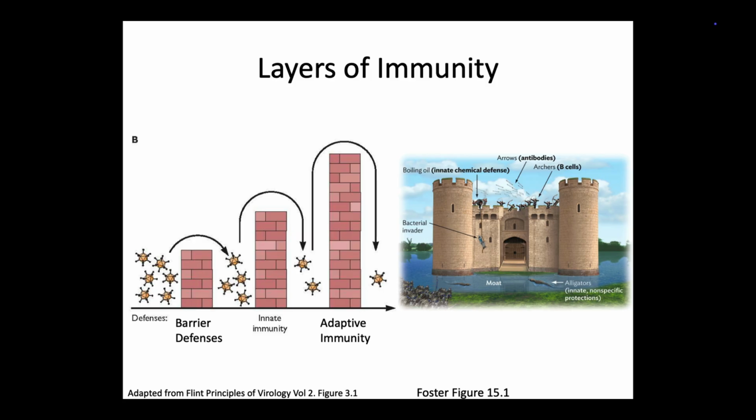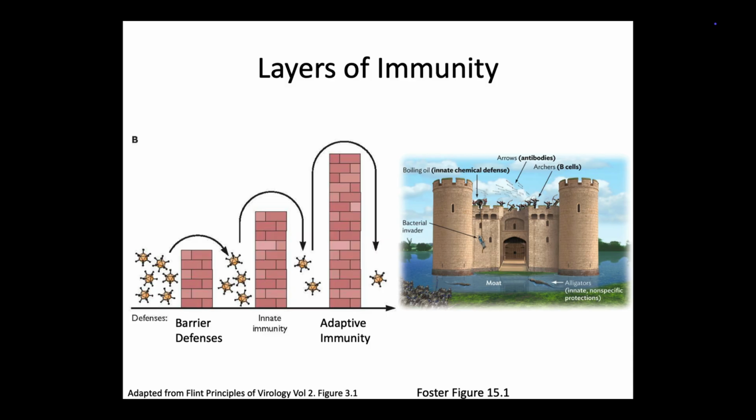And there are reasons why some of that's similar or different, but what you can notice is that some of these things are going to be really specific, some of them are going to be fast, some of them are going to be slow, some of them are actual parts of the structure of the castle, and some of them are more like the boiling oil, like a chemical. There's a lot of interactions between them, and that level of interaction between all of these different types of defenses is probably more realistic than these sort of walls.